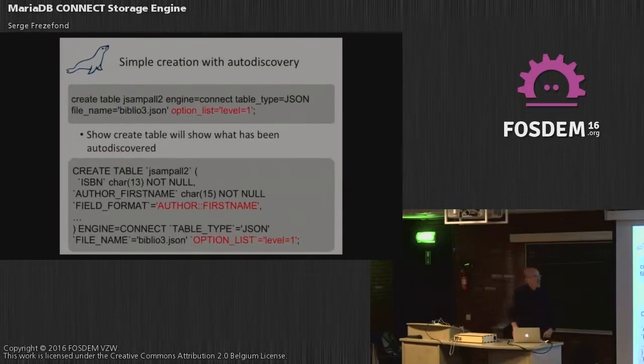Okay, so one of the main features is the same that you got with XML: auto-discovery capability. Suppose you have a JSON file, you create a table, you say nothing about the columns, and it will auto-discover the structure. So that's interesting.